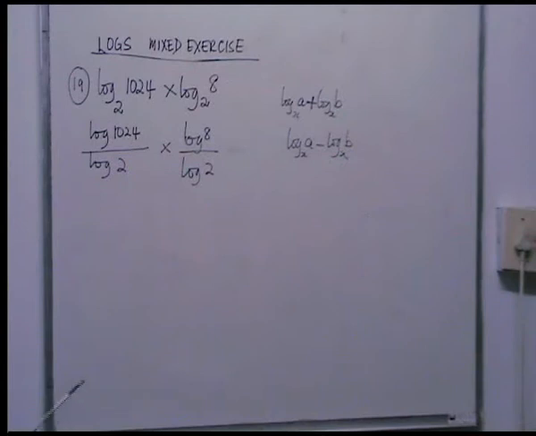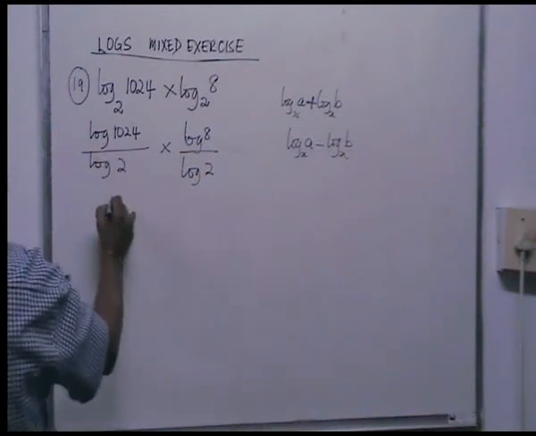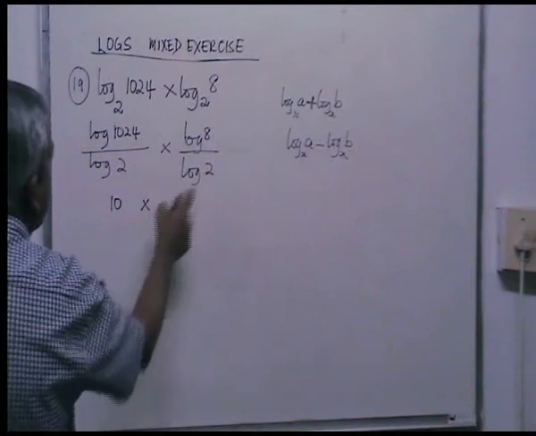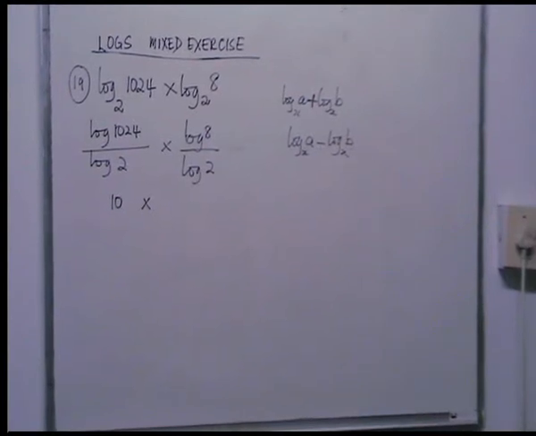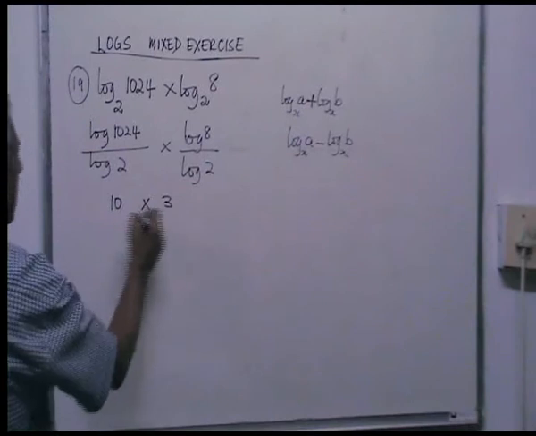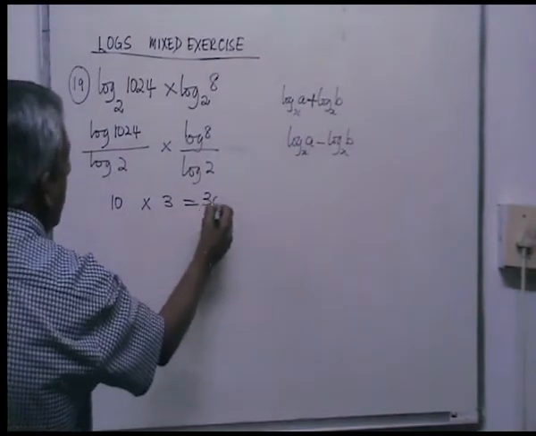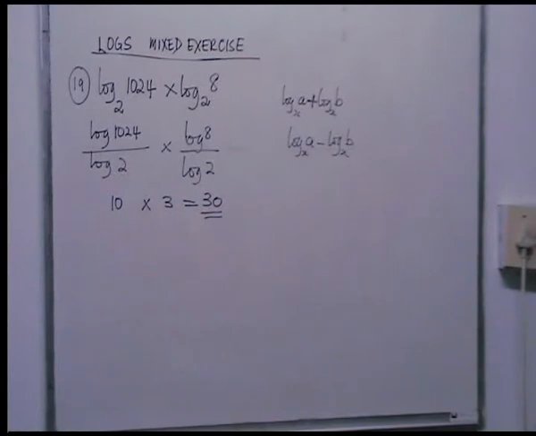Make sure you clear previous work, and you say log 1024 divided by log 2 is equal to, and for this part I get the answer 10. Then you go to that part, clear your previous work, log 8 divided by log 2, and the answer is 3. So finally it is 10 times 3, and the final answer is 30.